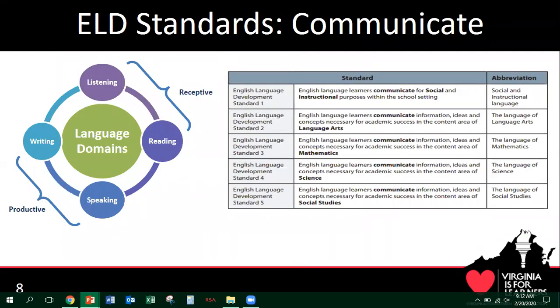There are ELD standards, as you can see on the right-hand side of the screen. They look a little different from the typical content SOLs in that they are not grade level specific. There is one specific, if you look at the English Language Development Standard 2, how English learners will communicate information, ideas, concepts necessary for academic success in the content area of language arts, specifically for this webinar.